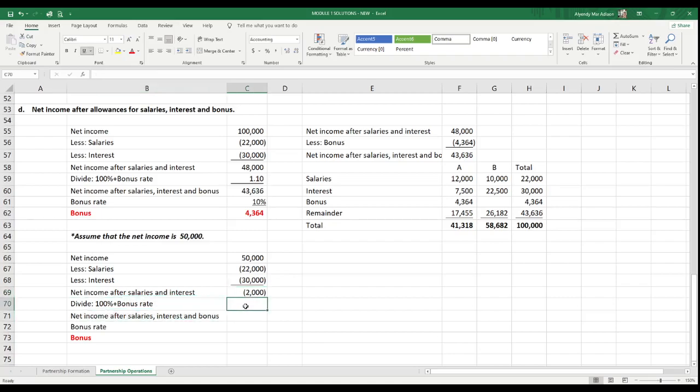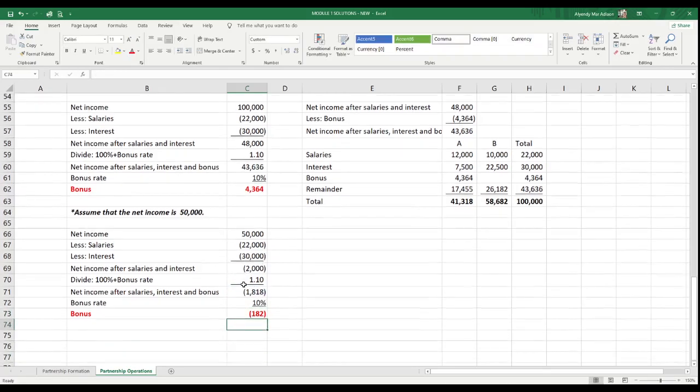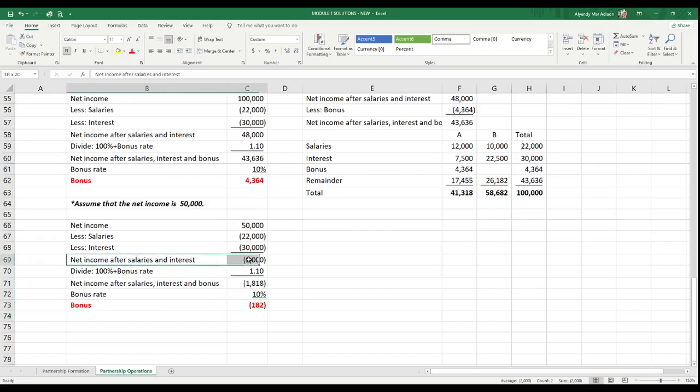And if you still divide it by 1.10, how much will you get? 2,000 divided by 1.10 is 1,818, negative. And if you multiply it by 10%, you will get a negative bonus. So what are we going to do with this? In this type of problem, as you can see, the basis for the bonus is already negative.